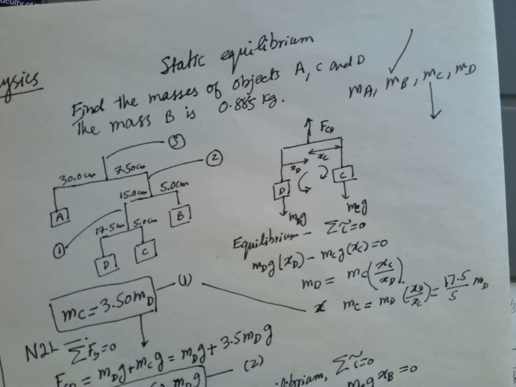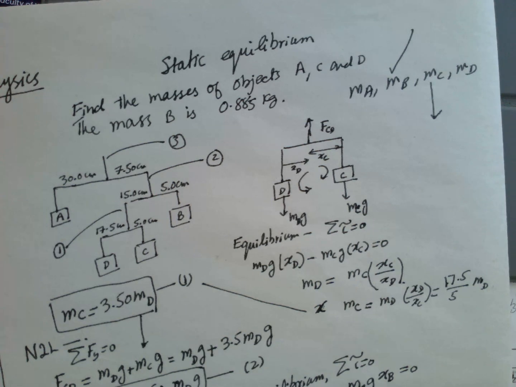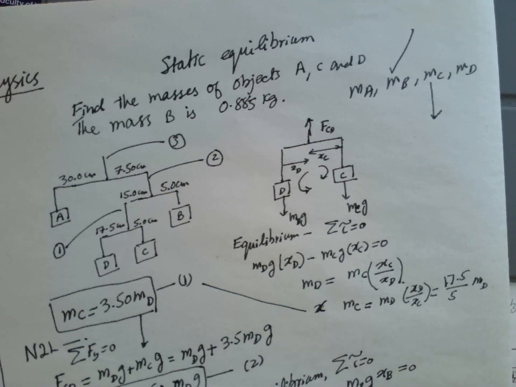XB is this, and this is XCD. So from here, F of CD is equal to MBG times X of B over X of CD.